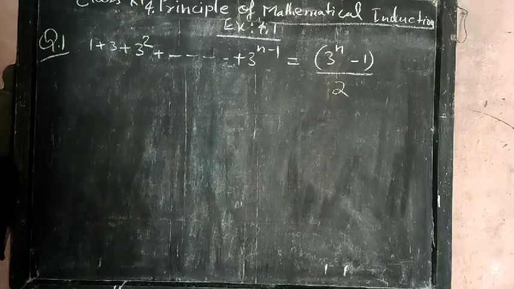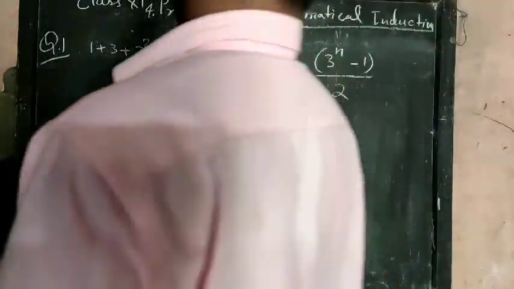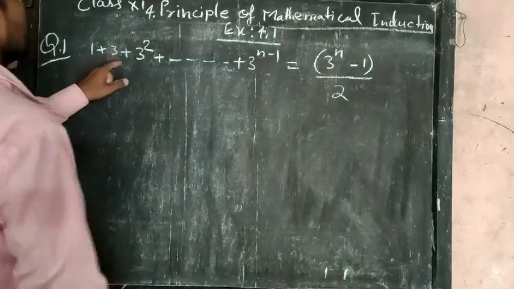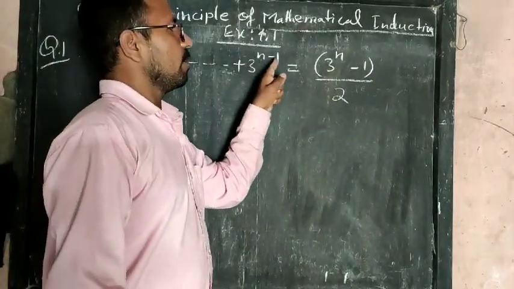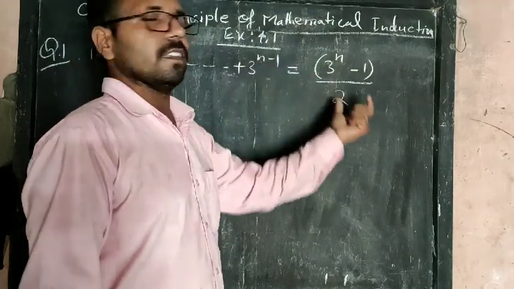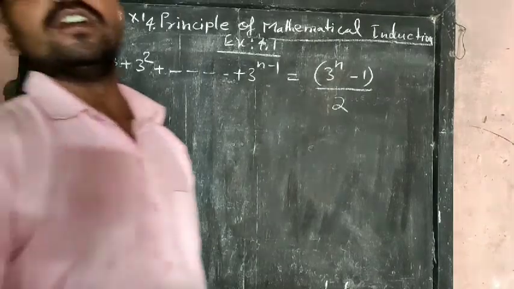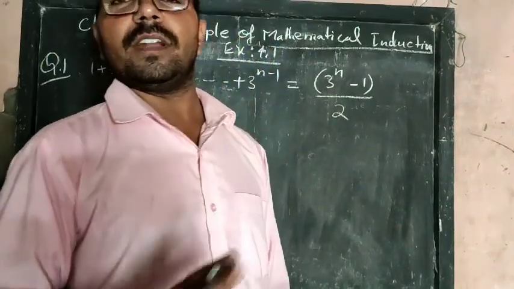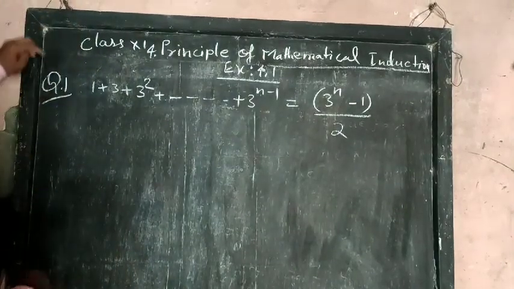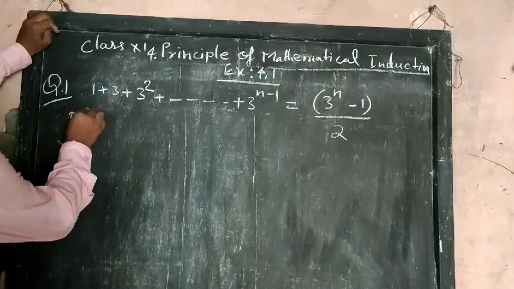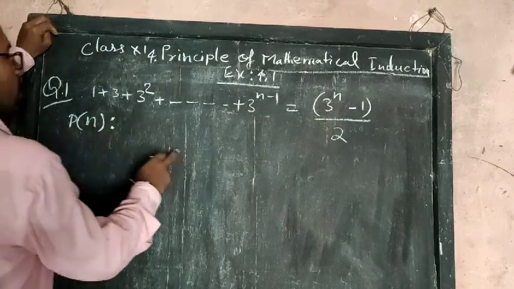So now students, let's see here exercise 4.1 question number first. Question number first is telling here 1 plus 3 plus 3 square plus up to 3 to the power n minus 1. If you solve this one, you will get this much. So first, as I have told you, the given statement you have to write down with the help of Pn.